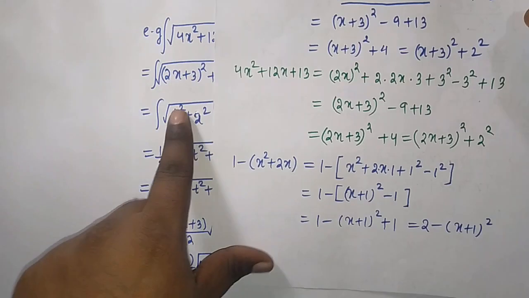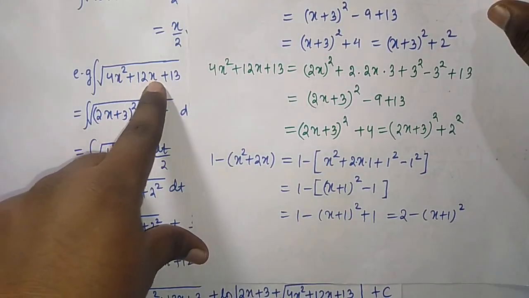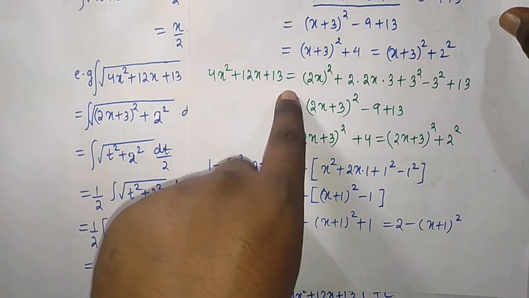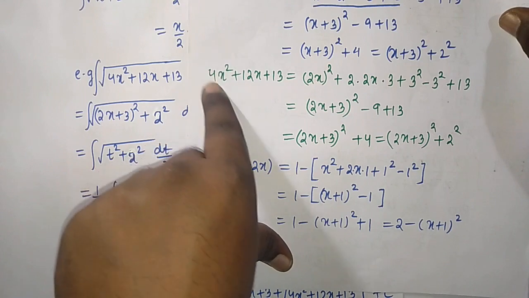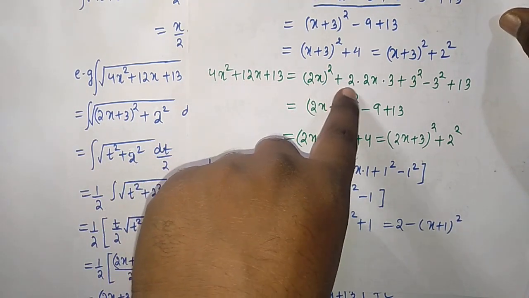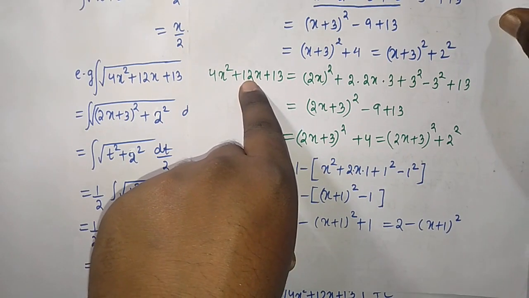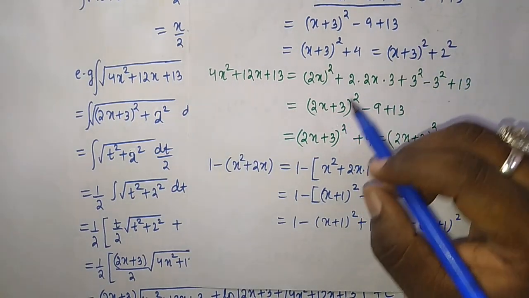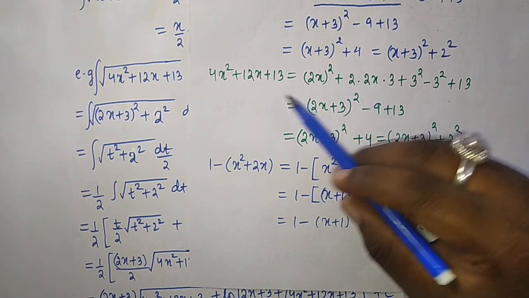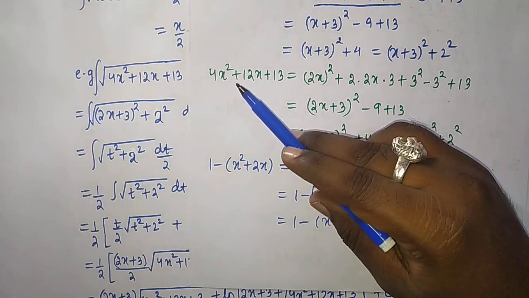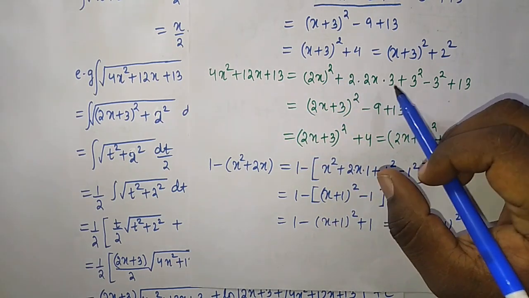Here given 4x square plus 12x plus 13 is there. Now 4x square means 2x whole square. Now see, to convert it into a plus b whole square form, we have to multiply. 12x is there, so we can write this 12x as 2 into 2x into 3.